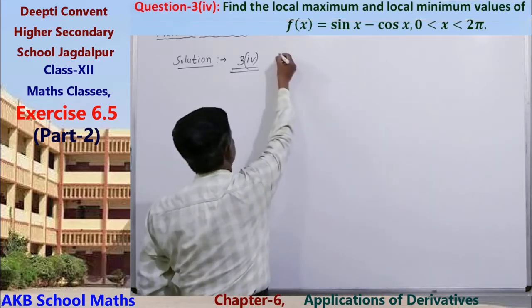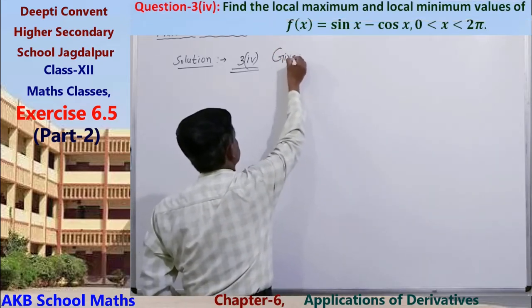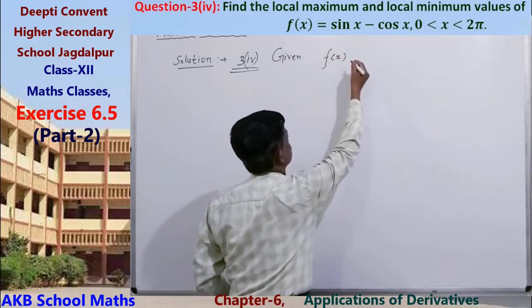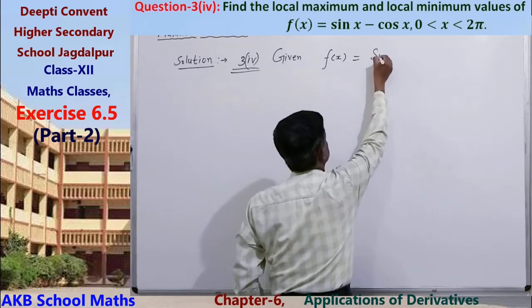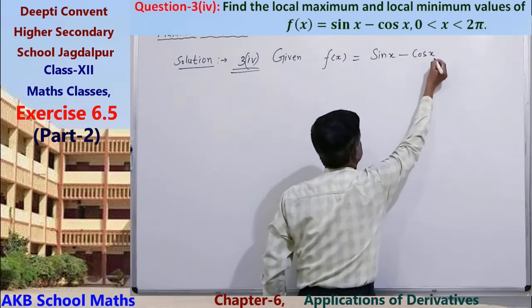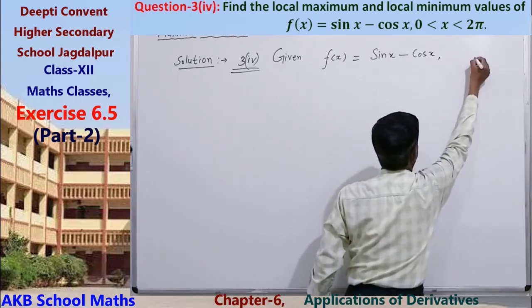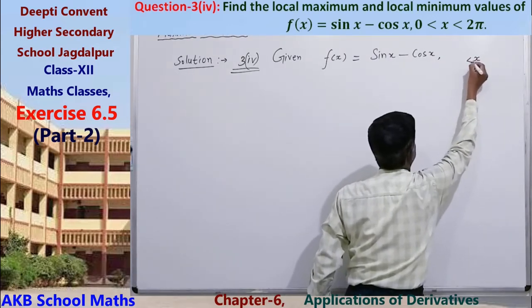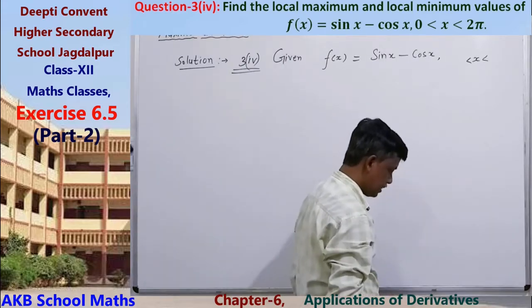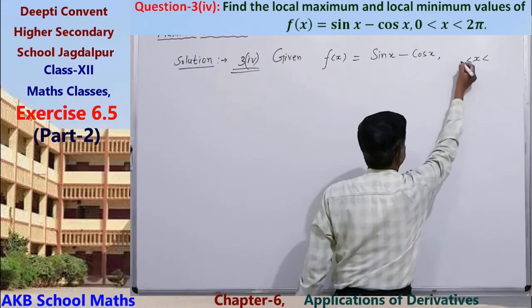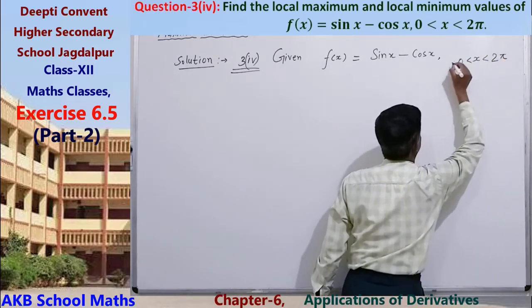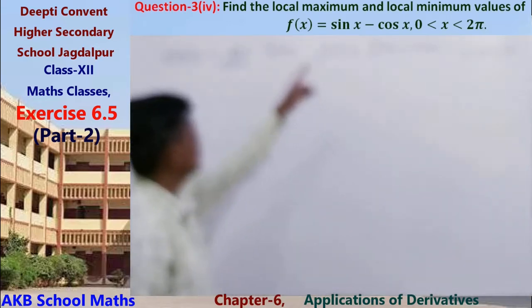Here the given function is f(x) equals sin x minus cos x, and the interval is given like this: x lies between 0 and 2 pi. Okay, so this is the given function.